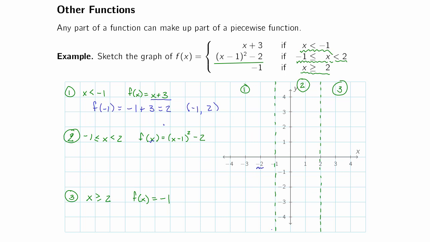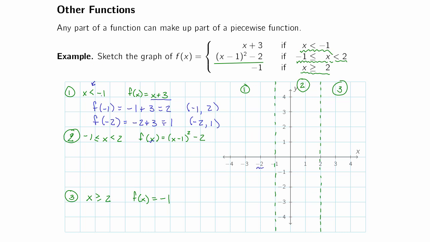I'll just typically pick the next number, unless I have a fraction that I'm trying to deal with. I'll just take f of, the next number is -2. So I'll have -2 plus 3 is 1. My next point is -2, 1. I could have picked any number. I could have picked -3 or -4, for example.